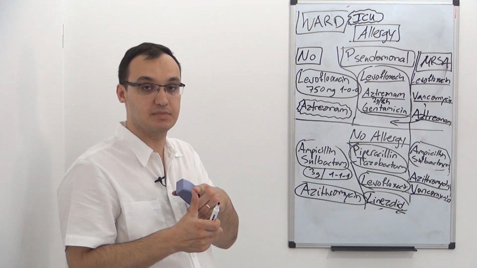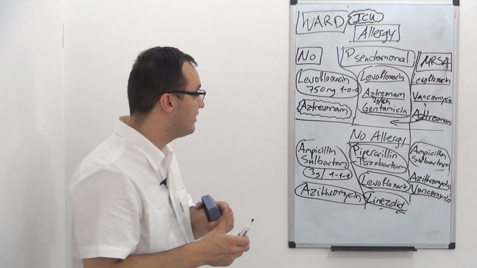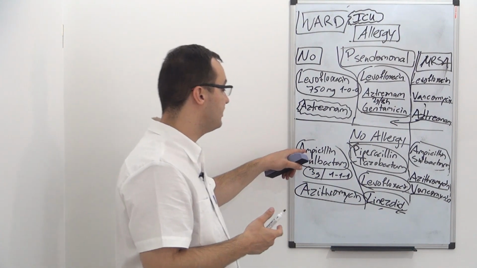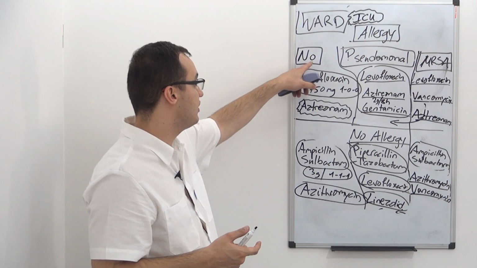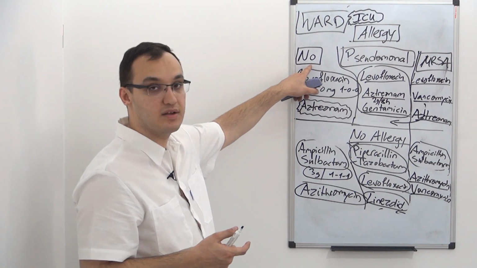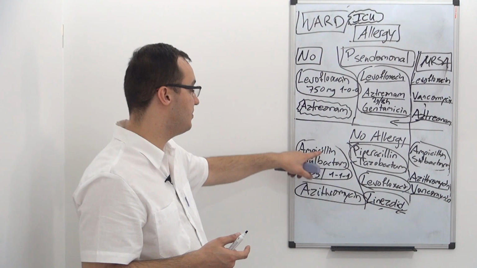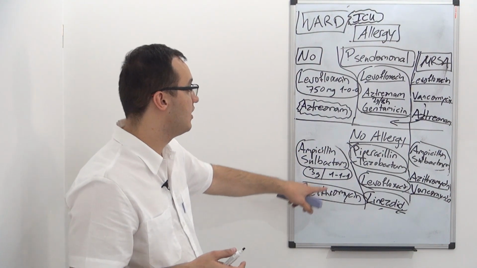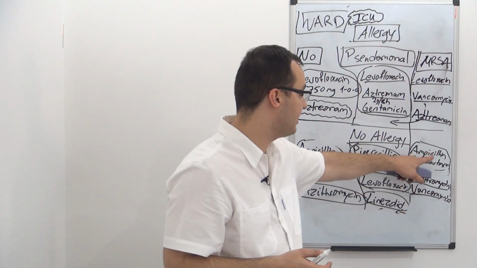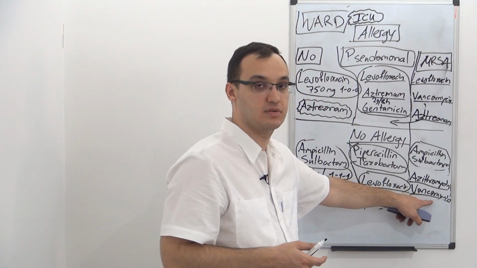So, to summarize, the most common type of patient is a patient who is not allergic to beta-lactams, and we will treat this patient with no Pseudomonas MRSA risk factors with ampicillin sulbactam and a macrolide, azithromycin. So beta-lactam with a macrolide. The same with MRSA, beta-lactam and a macrolide, but we add a vancomycin.